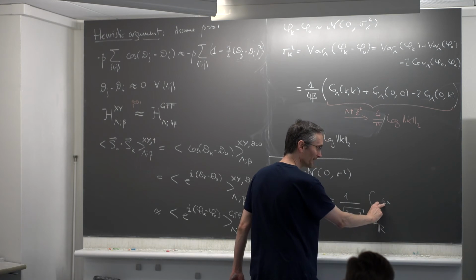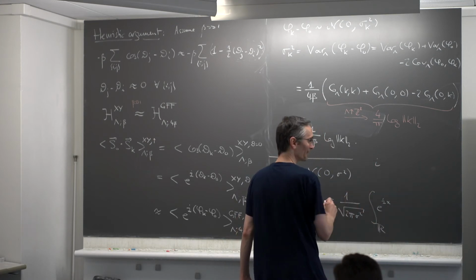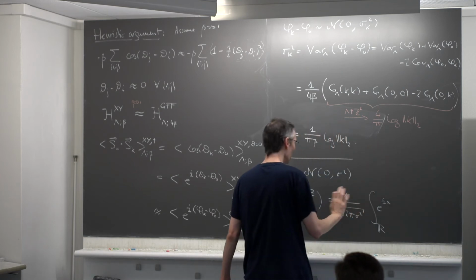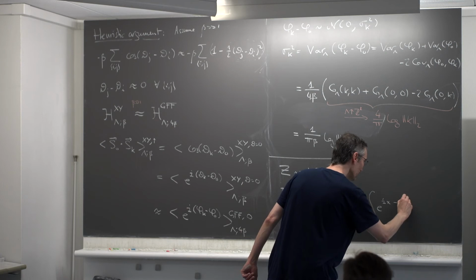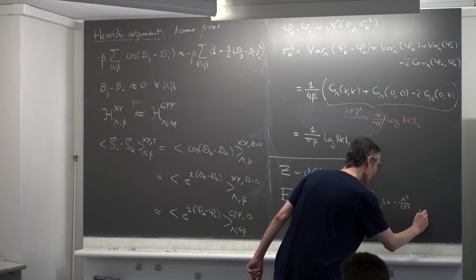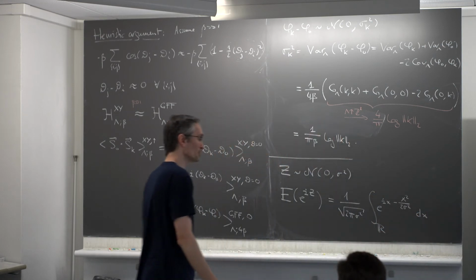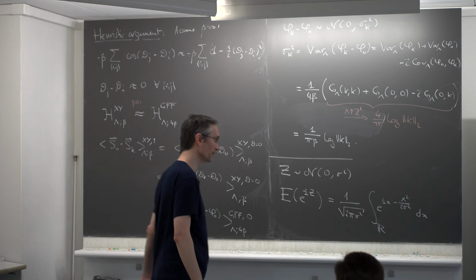When I write i like that, it's really the square root of minus 1. I'll try to avoid other i's if possible. That's just by definition of the Gaussian with mean 0 and variance sigma squared.